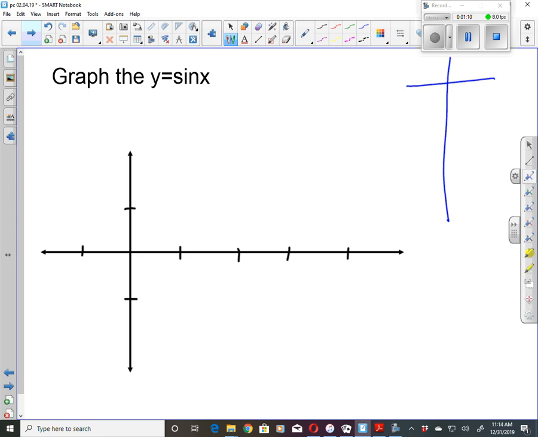Normally we would plot x and y's. Now keep in mind that x is really your theta, right? y equals sine theta. And we're calling it x when we graph because we're using the x and y coordinate plane, so we're using x's and y's.